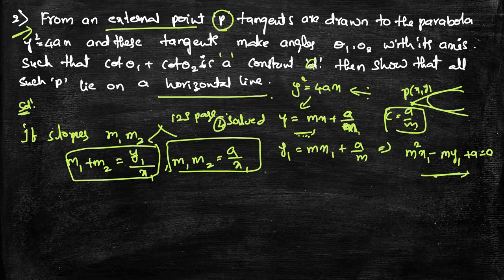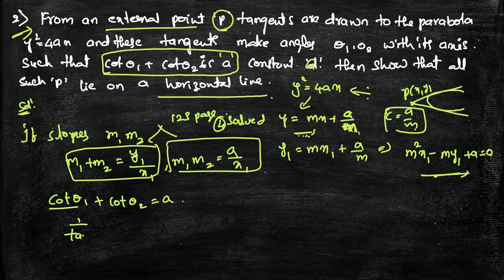And after that, as given here, cot theta 1 plus cot theta 2 is equal to a. Now from this we can write it as 1 by tan theta 1 plus 1 by tan theta 2 is equal to a.